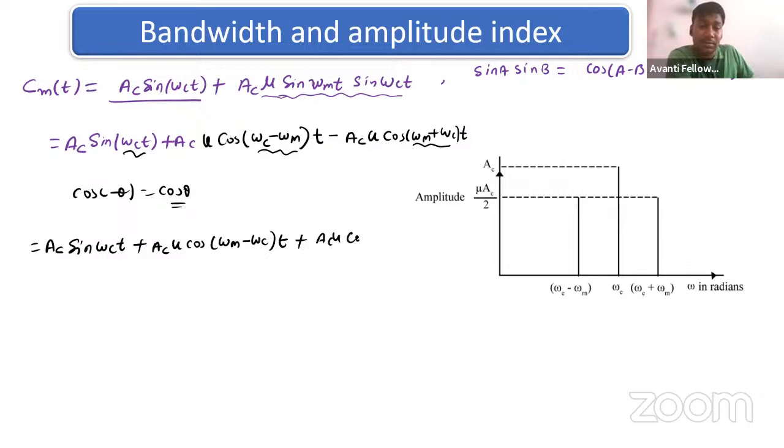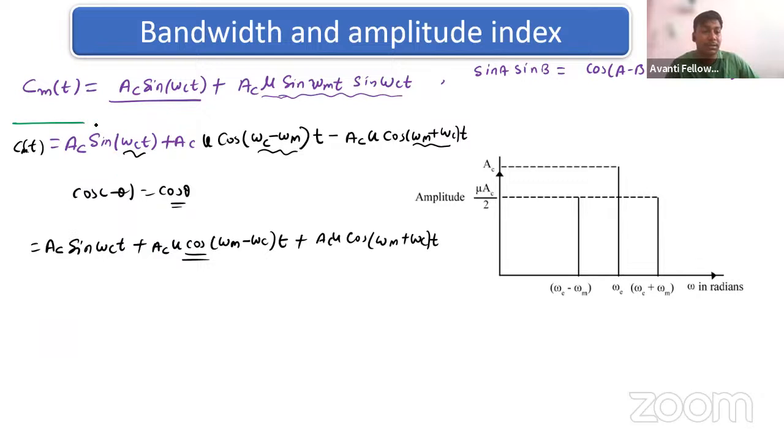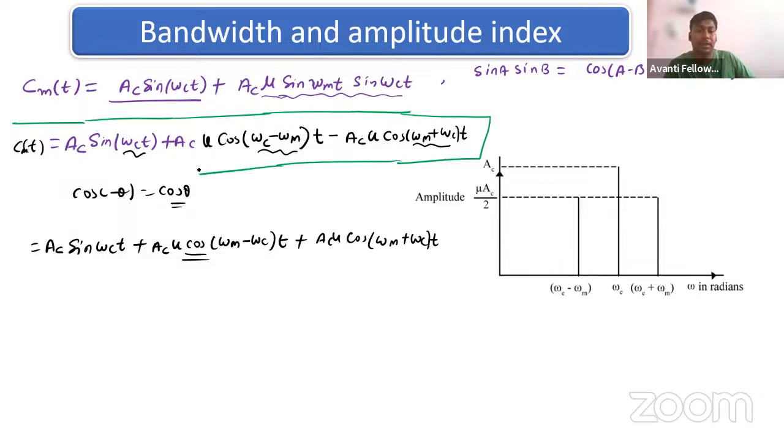So this will be the expression, but most of the time I recommend you use this expression to solve the frequency bandwidth problem. Okay.